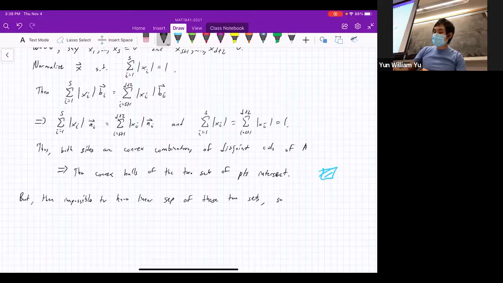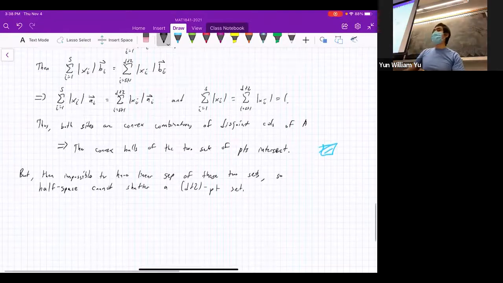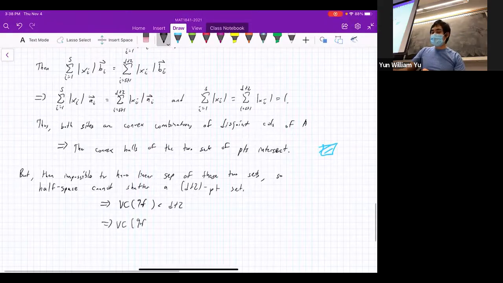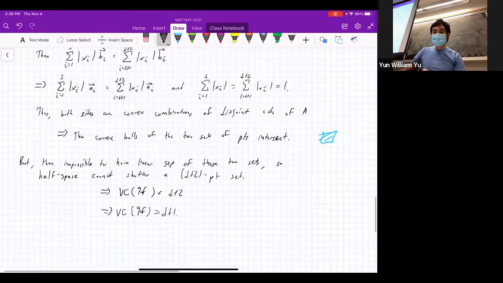And therefore a half space cannot shatter a D+2 point set, for any D+2 point set, because of this theorem of Radon. And this implies that the VC dimension of H is less than D+2. And of course, combined with our earlier fact, this implies that the VC dimension of H is equal to D+1.